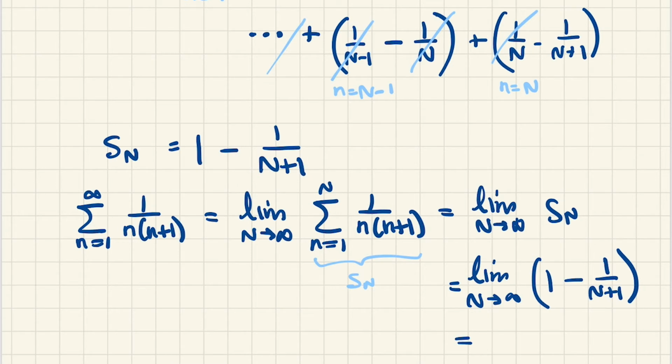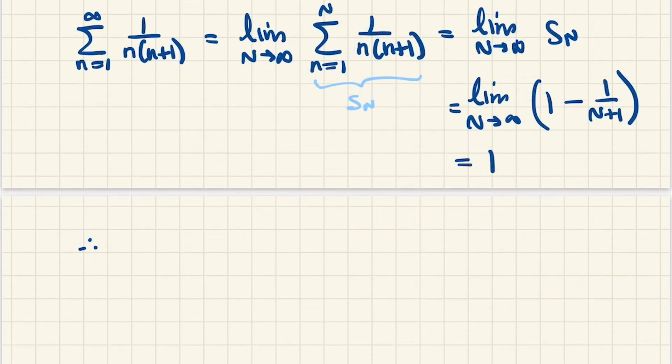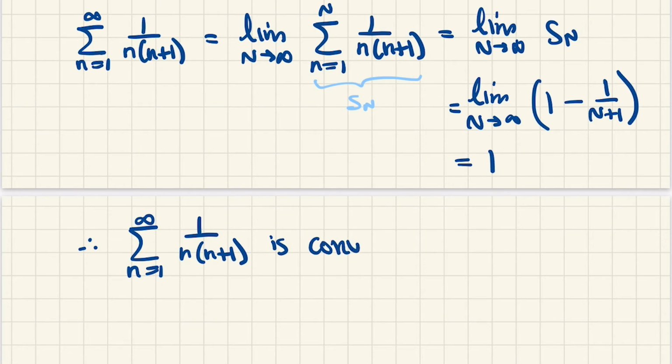So this limit evaluates to 1. 1 is a finite number. So we can conclude that this series is convergent. And moreover, its sum is the limit of the partial sums, which is 1.